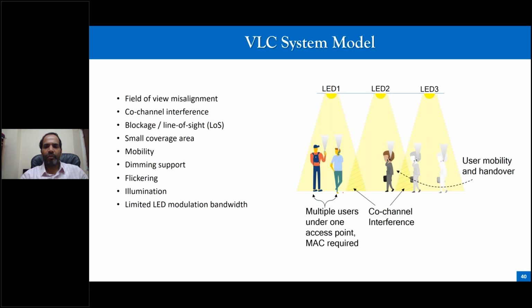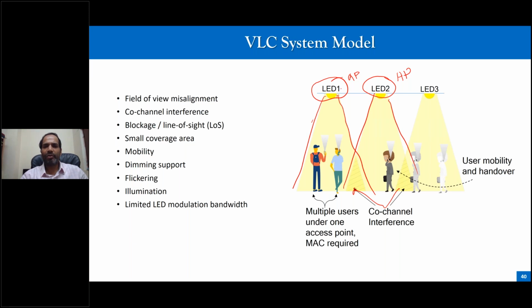Now what we have to care about when designing a VLC system model is, suppose you have this as an access point and you have this as an access point. The signal from this access point can interfere with the signal from this access point. So there can be co-channel interference. We have to take care of this. Also, because optical sources are much more directional than radio sources, the range of these LEDs is very small.